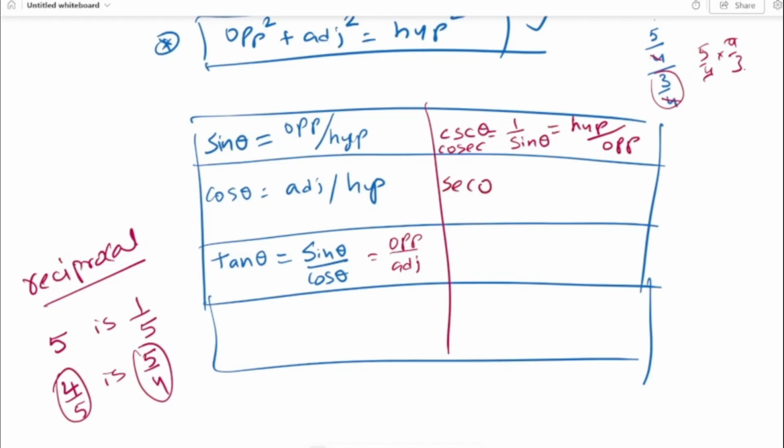Likewise, secant theta is 1 over cos theta, hypotenuse over adjacent. Then the reciprocal of tan is called cot theta. Cot theta is 1 by tan theta, which is adjacent over opposite.